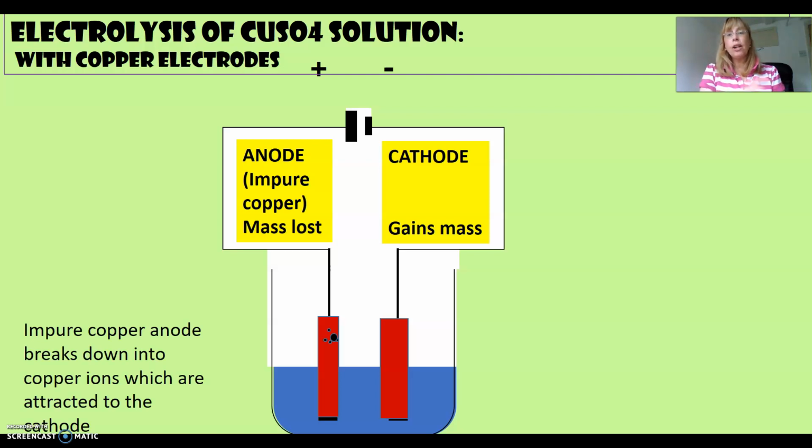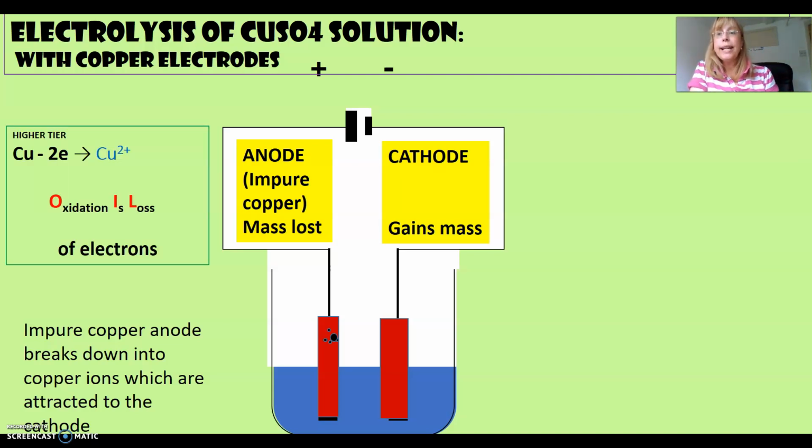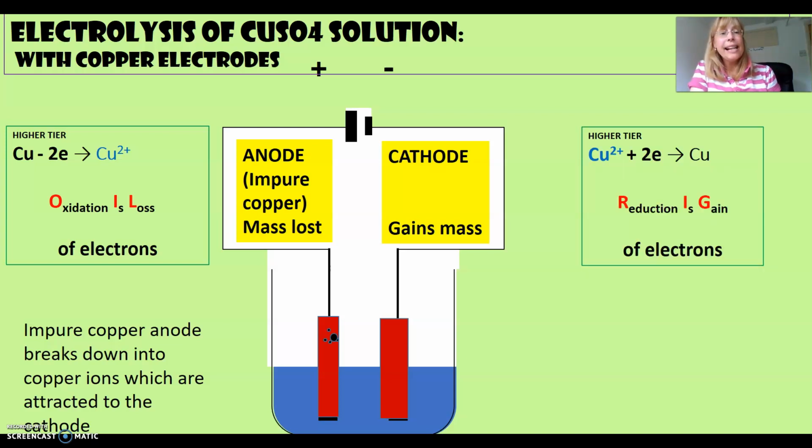Now what happens is the copper at the anode is going to break down into copper ions, and those copper ions are then going to be attracted to the negative cathode. So this is the reaction we get at the anode. The copper loses electrons and forms copper ions, and those copper ions can then gain electrons at the cathode to form copper.